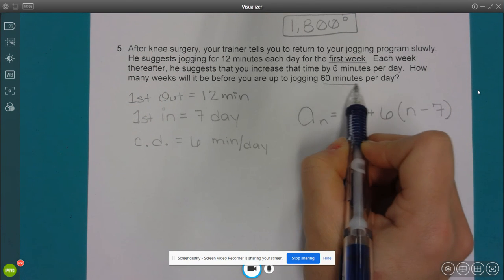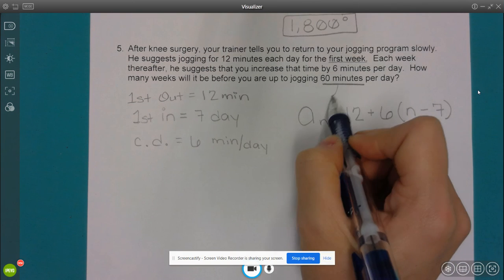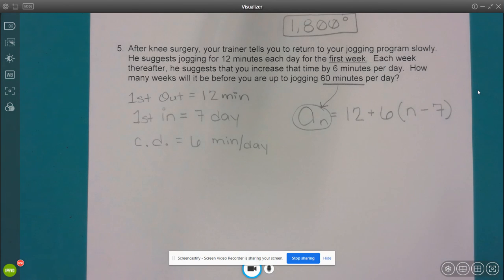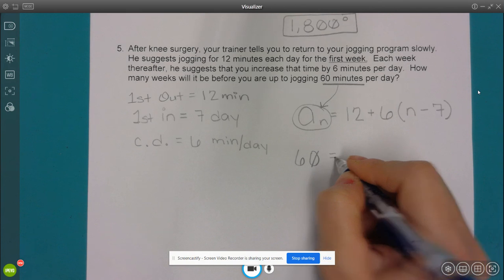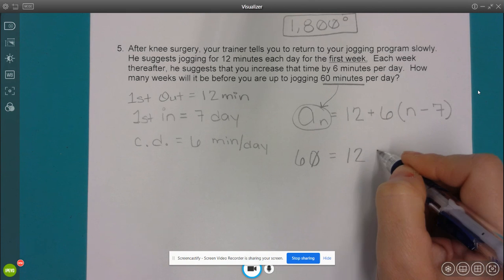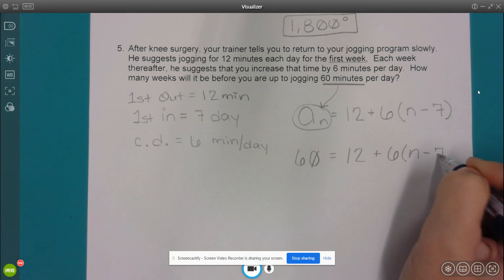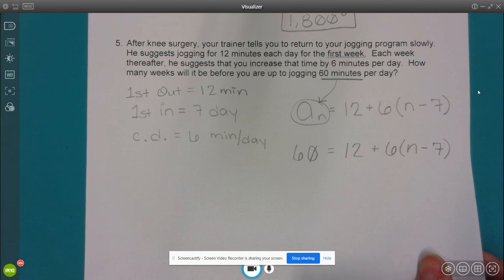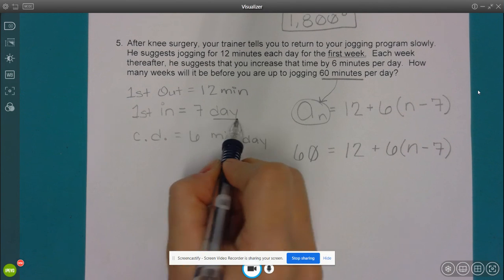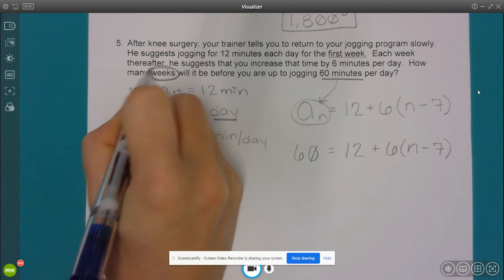This 60 minutes for each day is going to replace my output here. So I'll have 60 minutes a day is equal to what we already had. And I'm going to start solving for n. Now I have to be careful, and I have to remember n is in days, and they're asking about how many weeks.